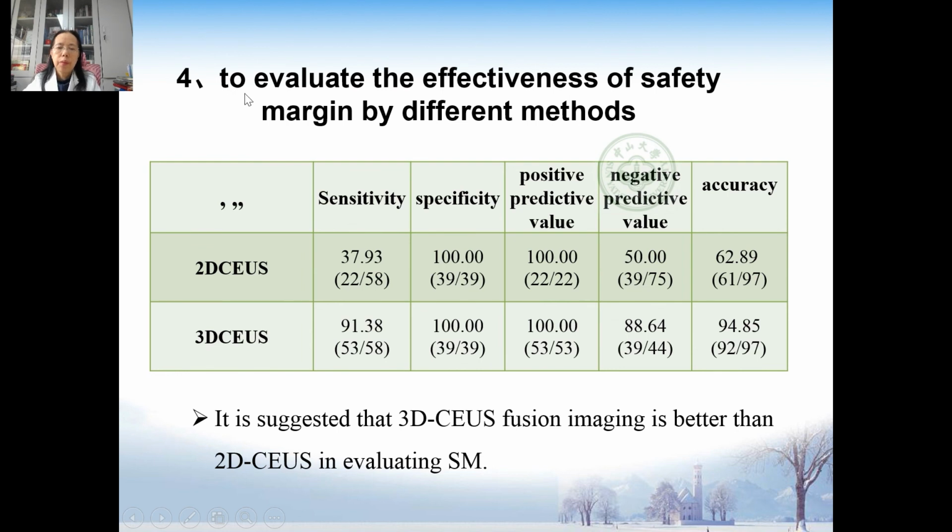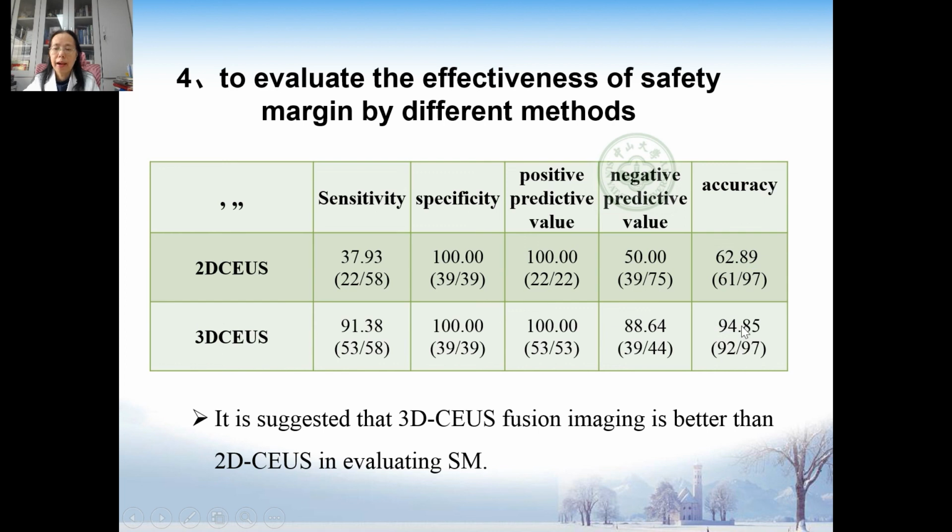Firstly, we analyze the evaluation effectiveness of the safety margin by the different methods. By 2D contrast ultrasound, the accuracy is only 76.23%. By the 3D contrast ultrasound, it's about 94%.